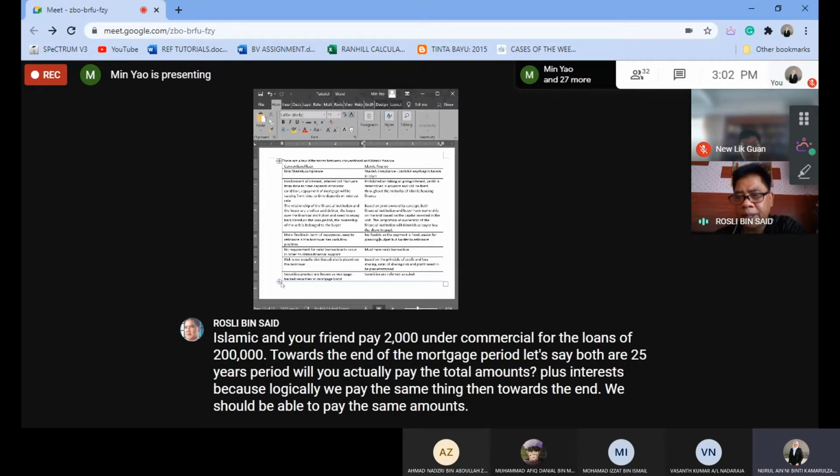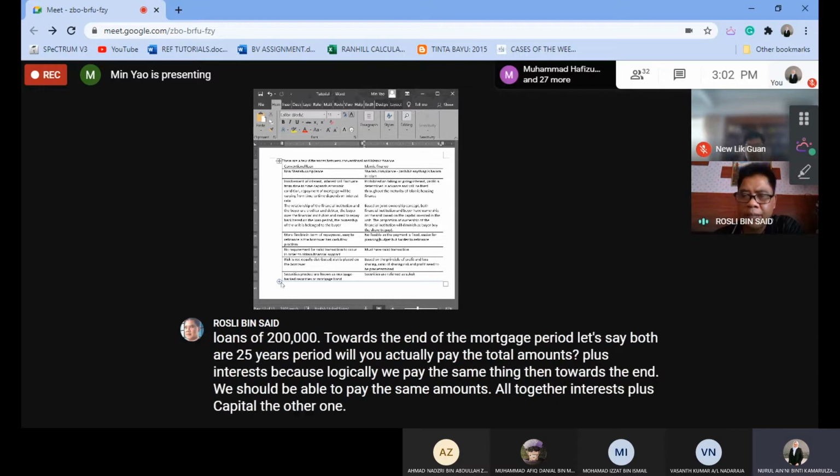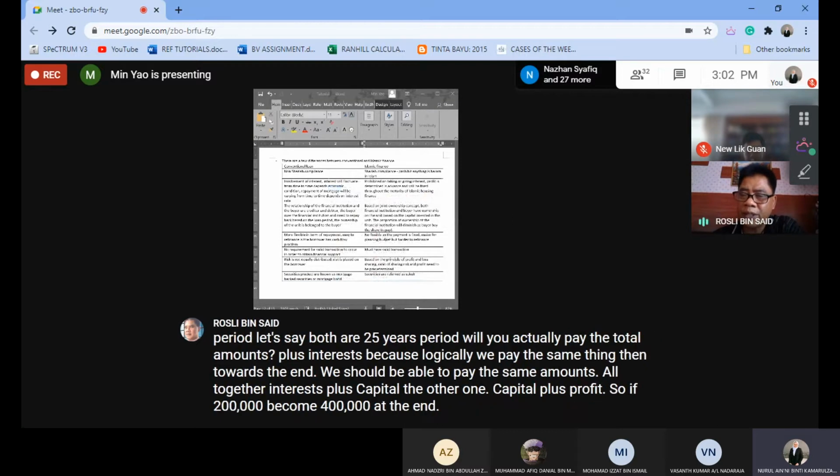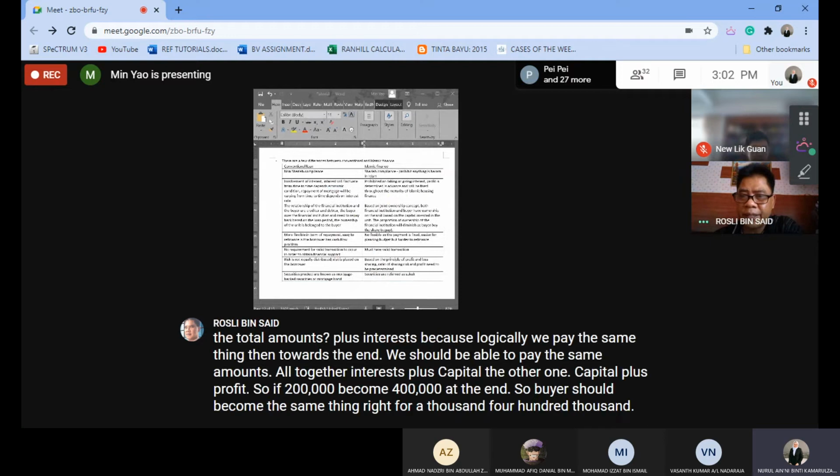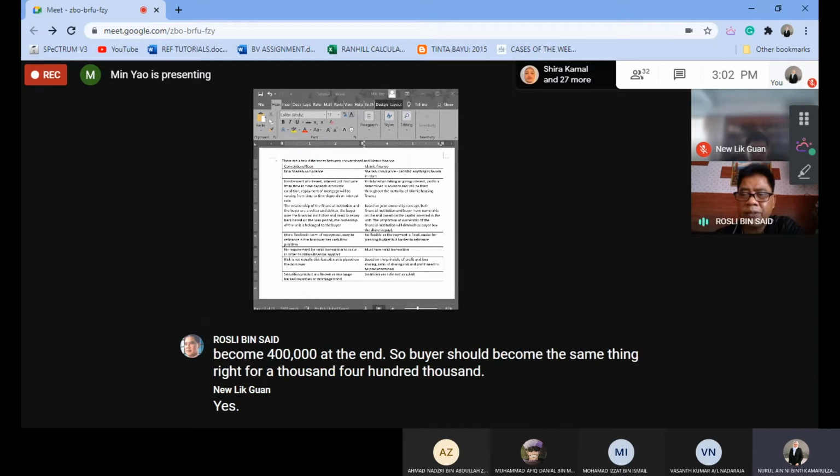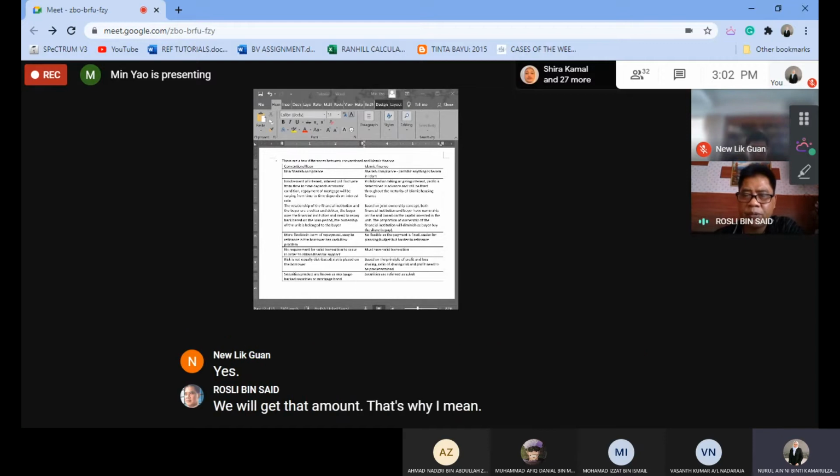Interest plus capital, the other one, capital plus profit. So if 200,000 becomes 400,000 at the end, by right it should become the same thing, right? 400,000, 400,000. Yes. Will you get that amount? That's what I mean. If you pay 2,000 and 2,000.